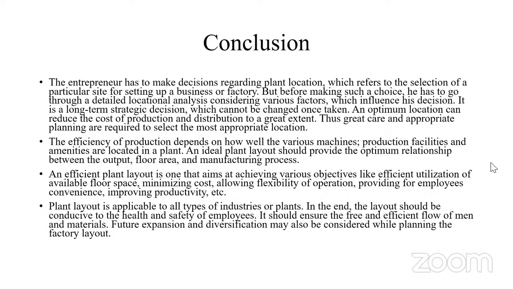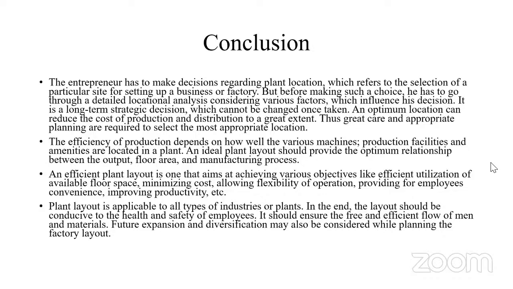And the conclusion could be said as the entrepreneur has to make decisions regarding plant location, which requires the selection of a particular site for setting up a business or factory. But before making such a choice, he has to go through a detailed localization analysis considering various factors which influence his decision.